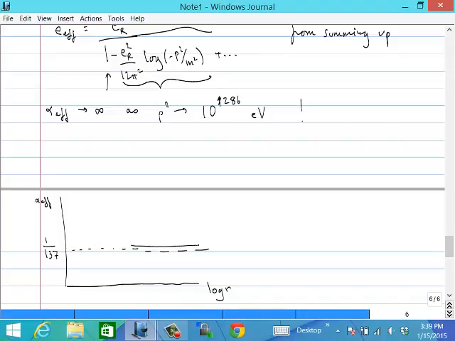It's 1 over 137. But then, as you probe the theory at shorter and shorter distances, the coupling gets stronger and stronger and stronger until at some finite value of the energy, some finite value of R, the effective coupling constant diverges. So this phenomenon is known as a Landau pole.